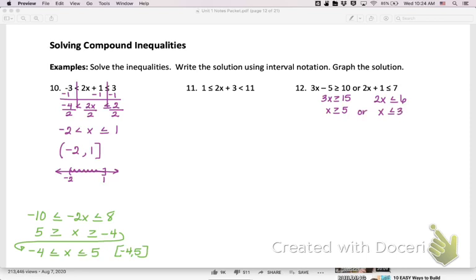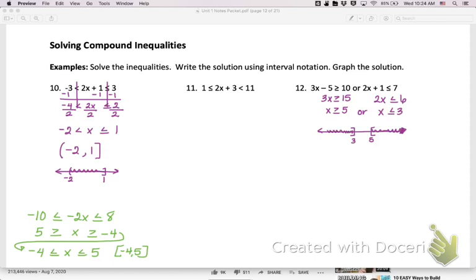Okay. Now, this has to be an or because those two things cannot be true at the same time. You can't be both greater than 5 and less than 3 at the same time. That describes two different sections on the graph. If we think of what that would look like, greater than or equal to 5 would be going this way, but less than or equal to 3 would be going the opposite direction.